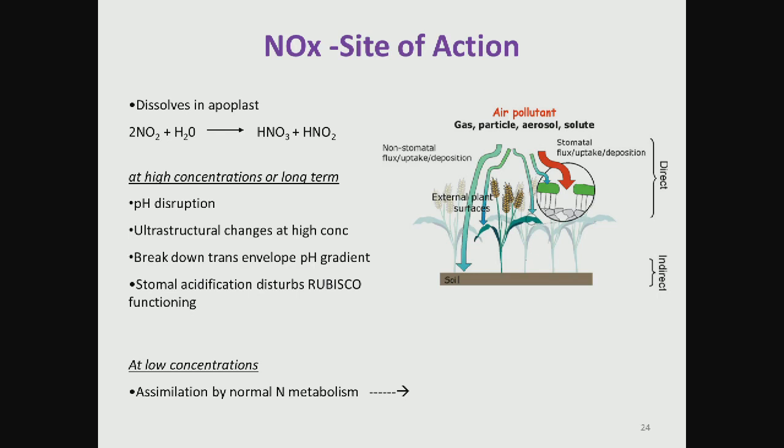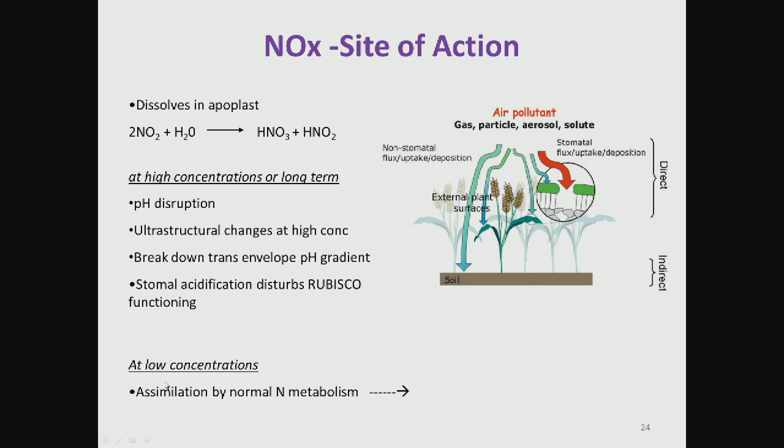So the trees may be 10-15% smaller than they would be without that pollutant there. So not only is air pollution invisible to our eye, sometimes the impact is invisible unless we really get down and make the measurements. So we're not talking about bleaching of leaves. We talk about ozone very often causing visible injury, but the big problem with a lot of these air pollutants is this slow accumulation of damage.